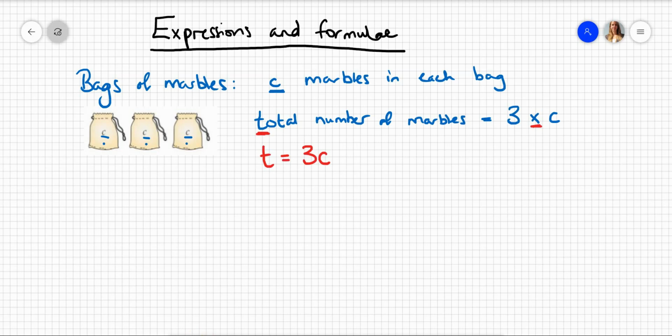So a formula for the number of marbles in total across all 3 bags is T equals 3C. And when we have one of the letters in a formula on its own on one side of the equation, we call that the subject. So T is the subject of the formula.